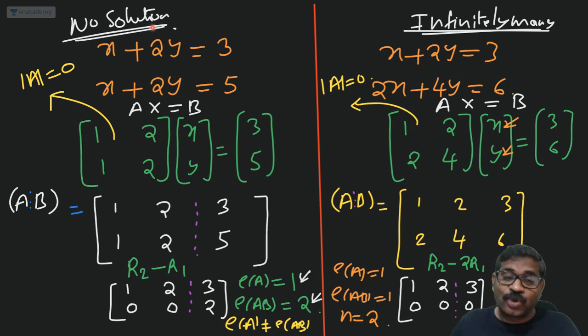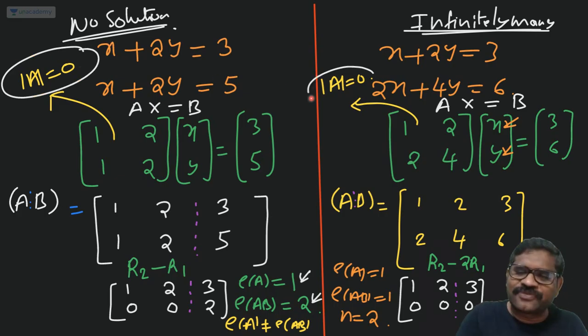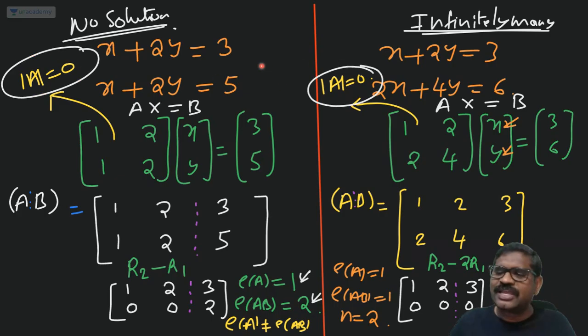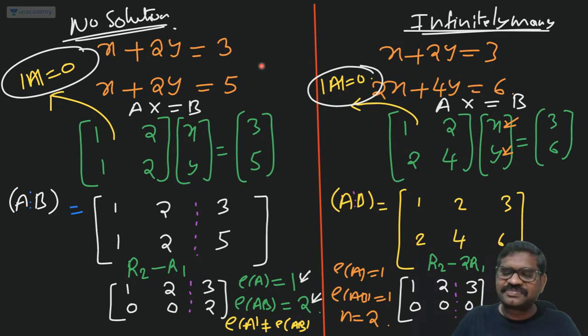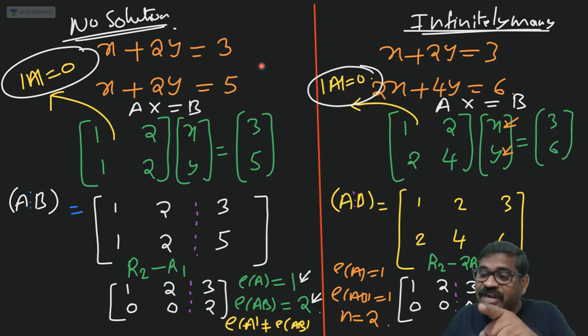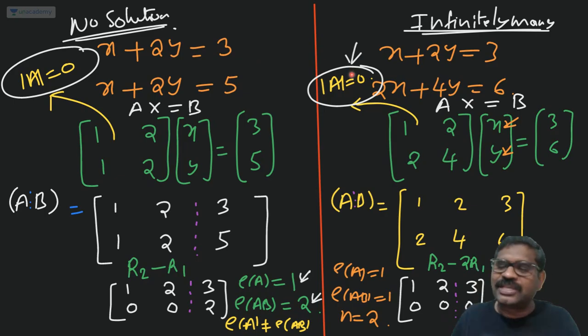In the case of no solution, determinant of A is 0. In the case of infinitely many solutions, the determinant value is also 0. Please remember, in a non-homogeneous system, in the case of no solution we got determinant 0, and in the case of infinitely many solutions also determinant is 0. That's why from determinant 0 you can't give any conclusion.